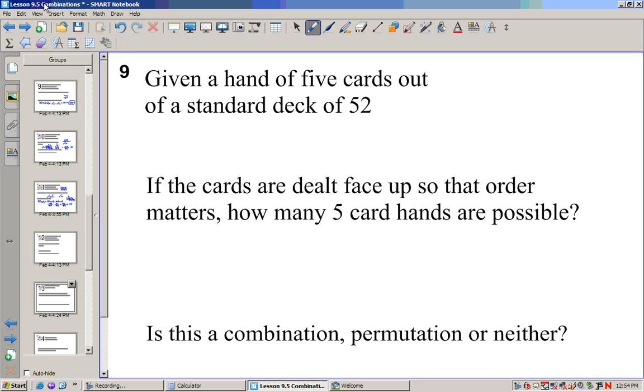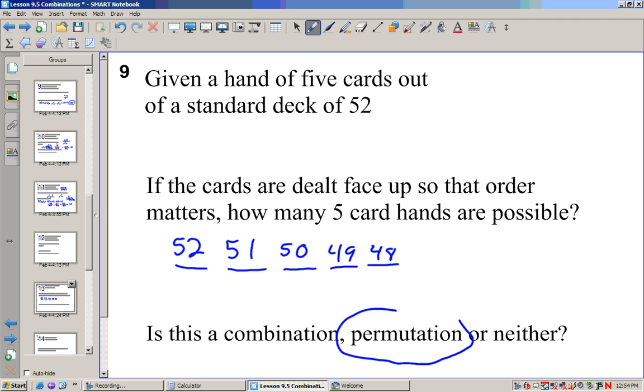Alright, given a hand of 5 cards out of a standard deck, if the cards are dealt face up, so order matters, how many 5 card hands are possible? Well, there's 52 cards that could be on the first one, then 51, then 50, then 49, then 48. This would be a permutation.